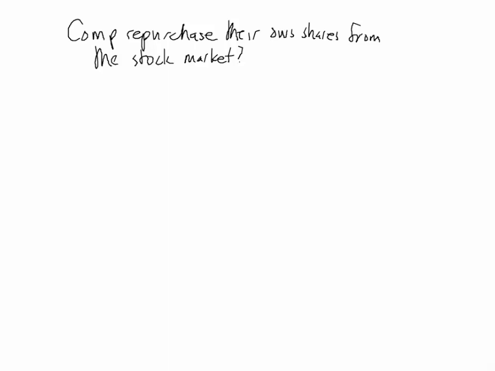And so then the company has to provide the shares to them. They buy the shares on the open market and then turn around and sell them back to the employees at a different price.